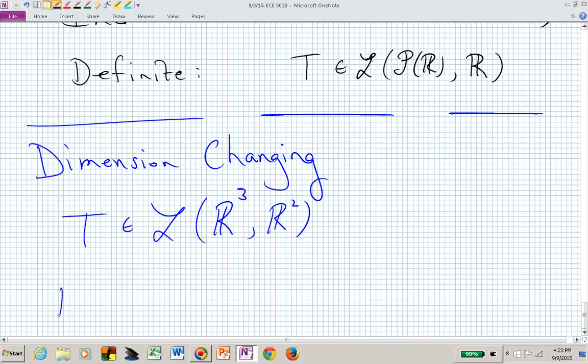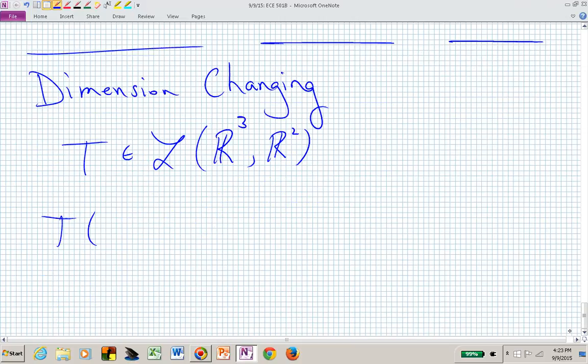An example of that might be, suppose that we now have this linear map T operating on a vector in V. What does that vector in V look like? It has three components, doesn't it? It has three coordinates. Let me call those, I'll get really creative, X, Y, and Z. This is our three-dimensional space.